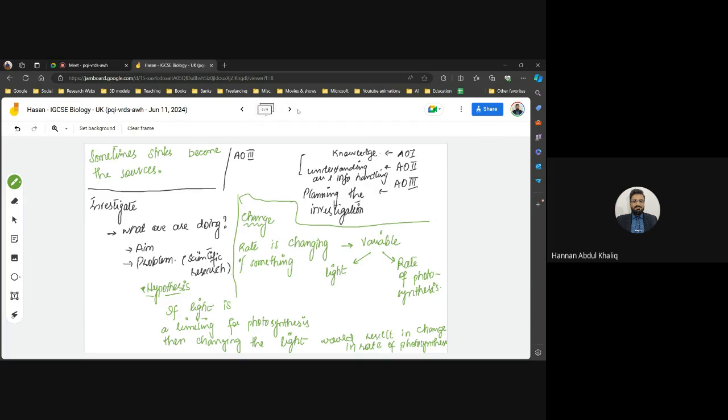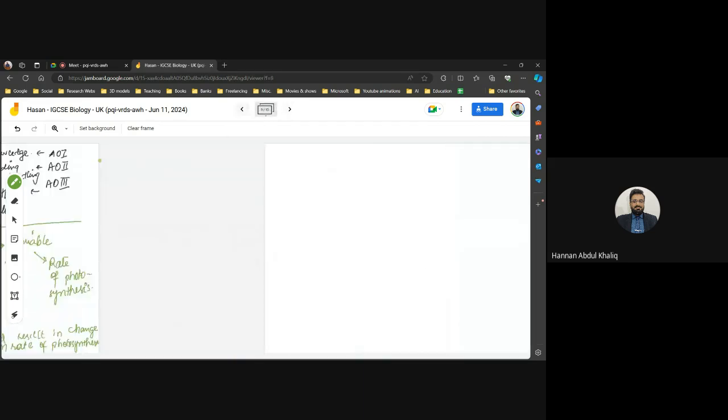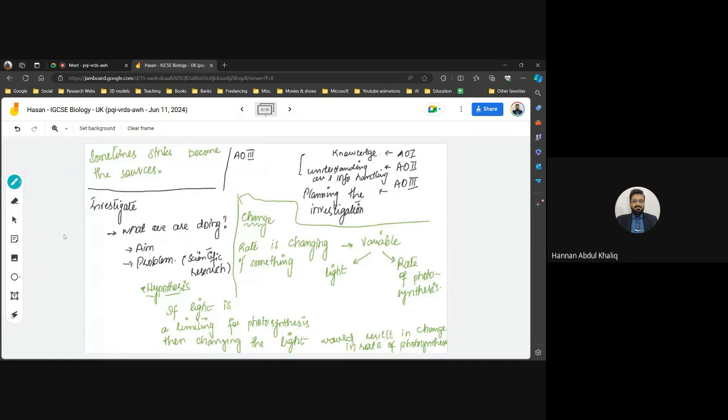So now, but hold on. Over here, you can see that one of these factors is changed by us. Can you tell me which factor is being changed by us?